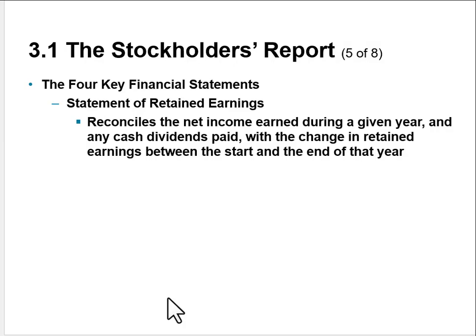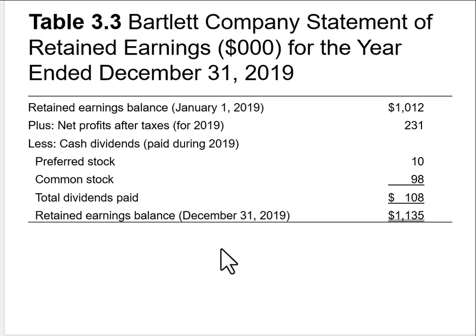Sometimes this is actually incorporated into the balance sheet itself, so we don't necessarily see a separate report. But essentially, this just reconciles this one particular line, which is that retained earnings section. And I'm just going to show you how it typically works.